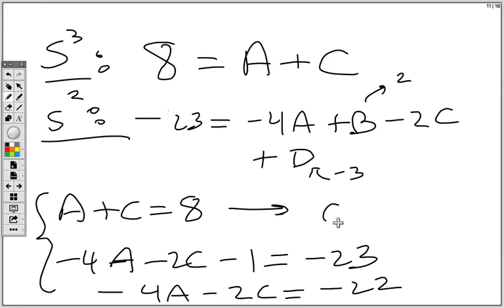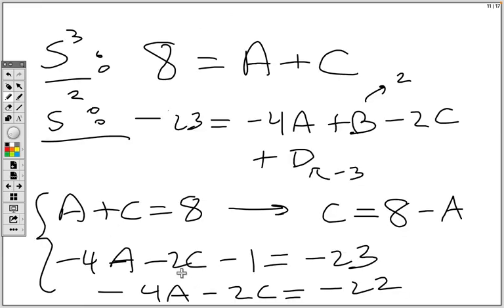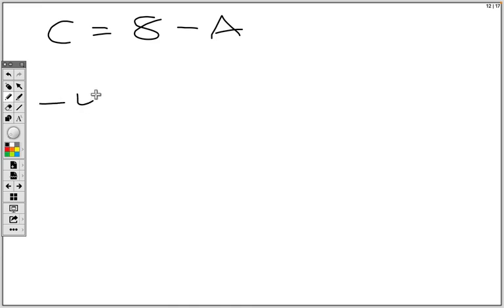This one says that c is going to be what? Minus a. So let's see here, c is 8 minus a. So I've got minus 4a minus 2c is minus 22.